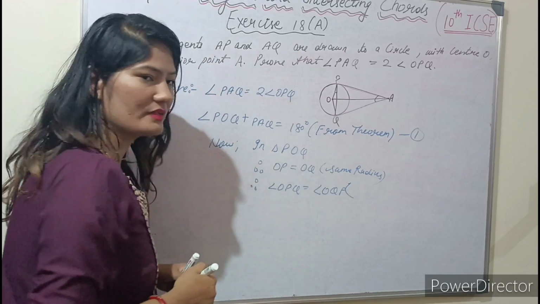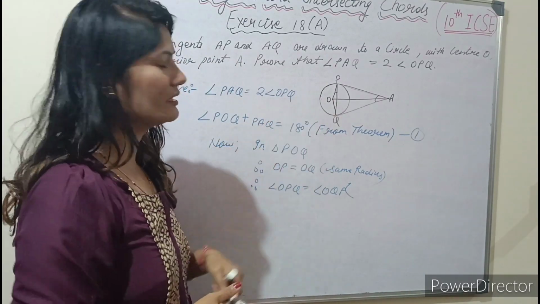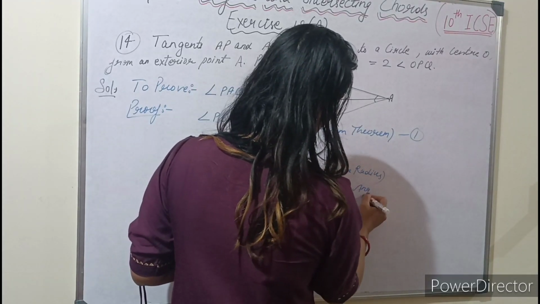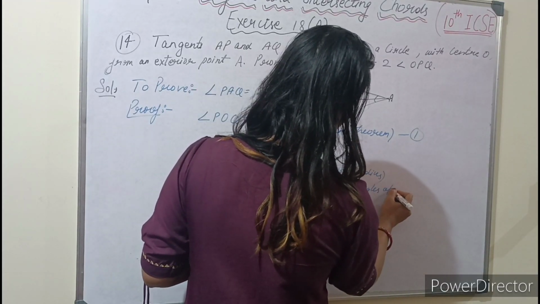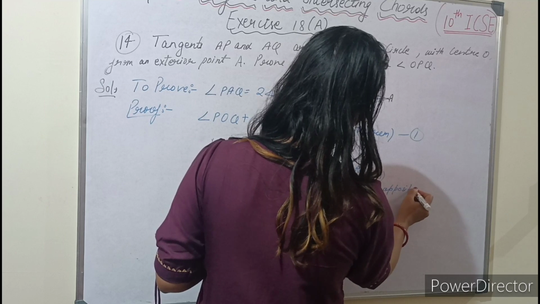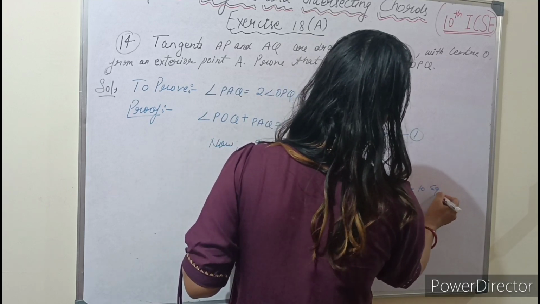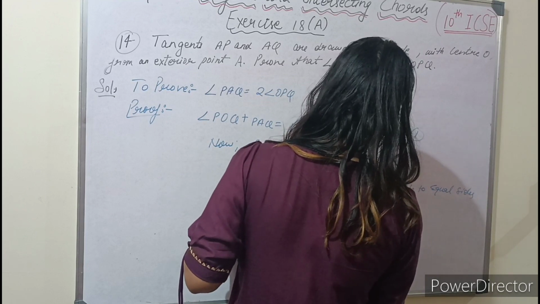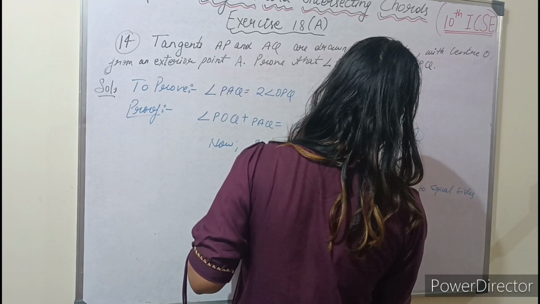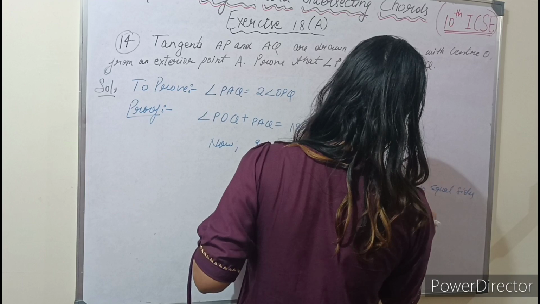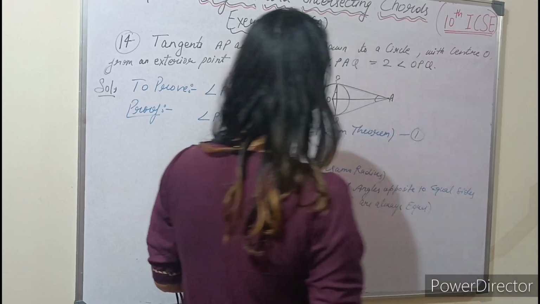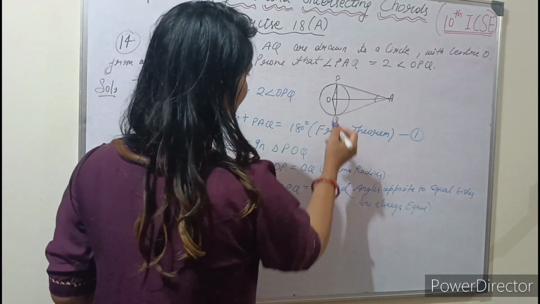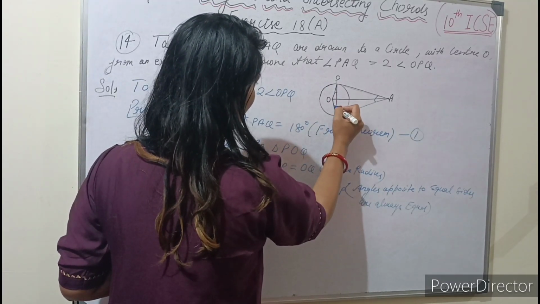And here the reason will be the angles opposite to the equal sides are always equal. So here we got that angle OPQ is equal to angle OQP.